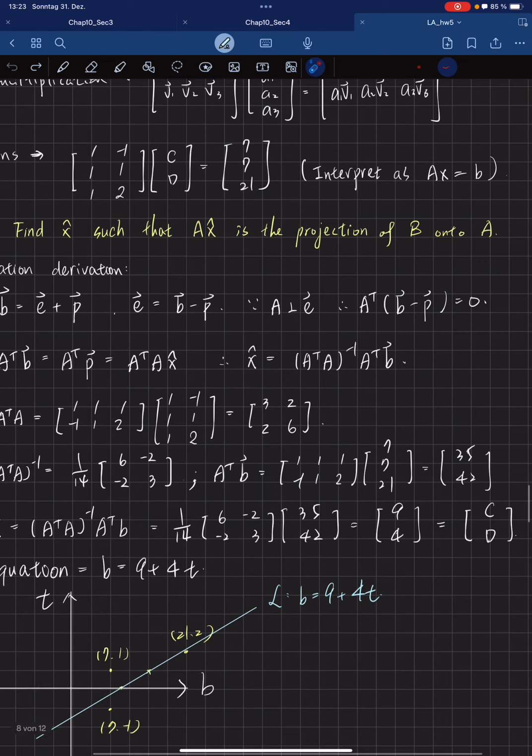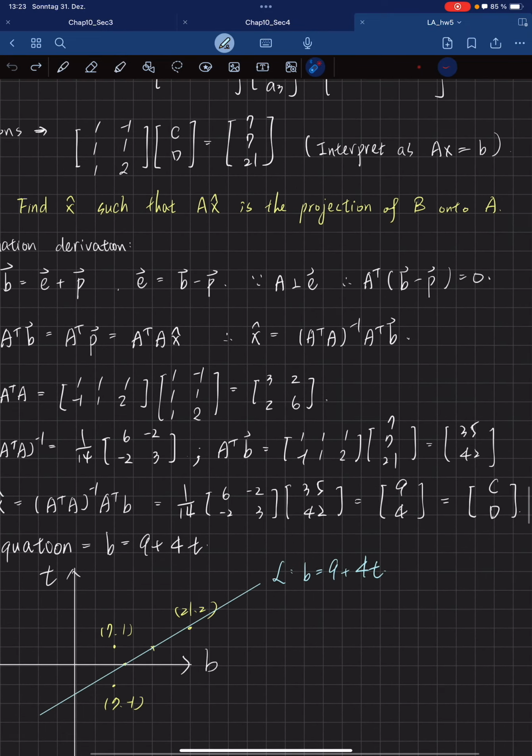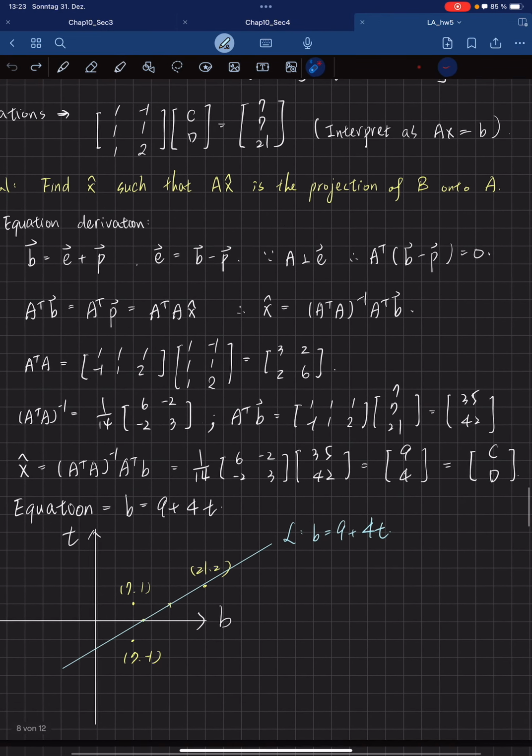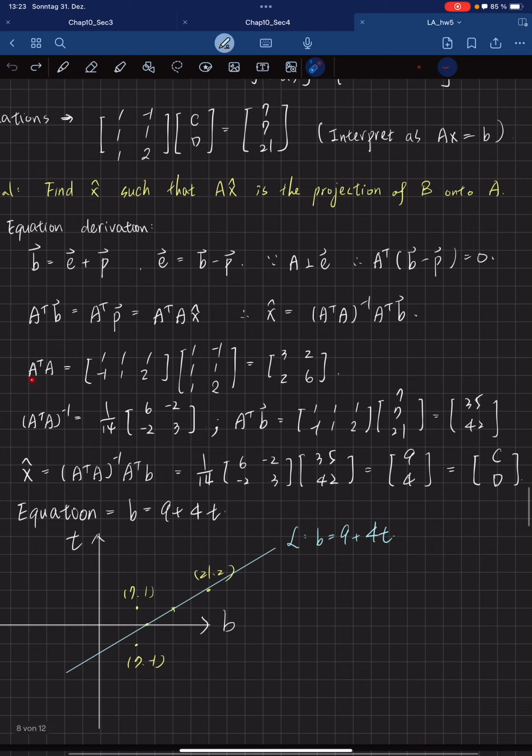I'll skip all these calculations and just show you the results. This is the calculation for A transpose A, and we get this matrix.